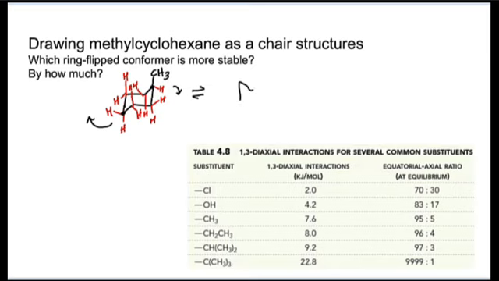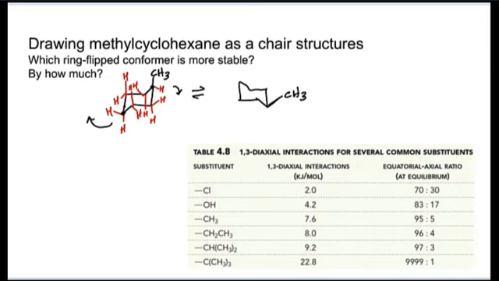So go ahead and draw that now. And the CH3 group that was up and axial is now going to be up and equatorial. All right, and so those are the two ring flipped structures.